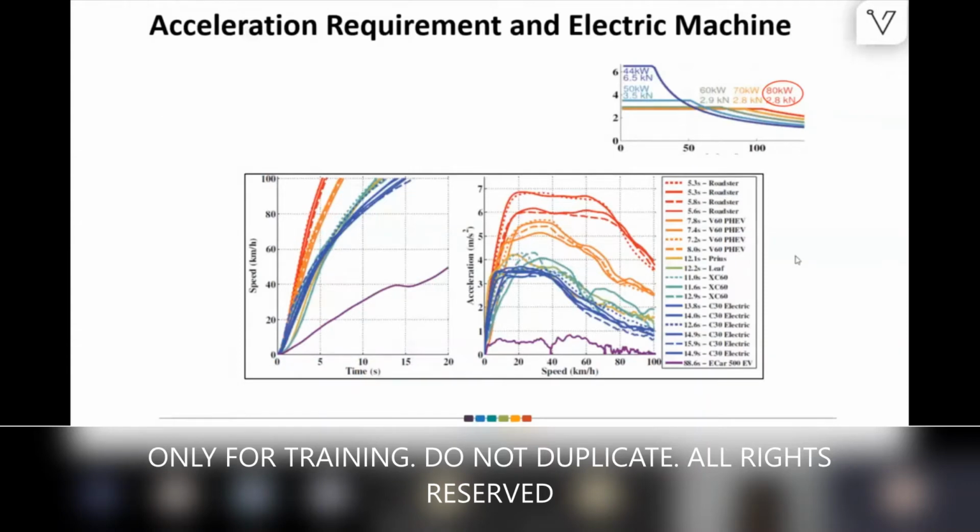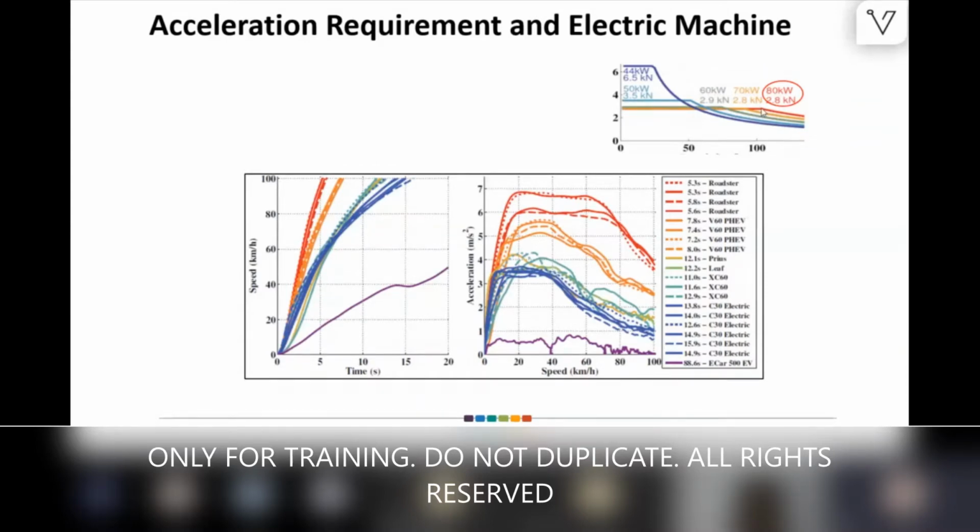We have to be very careful when we pick this, because you see the other machines are very fast, but they start dropping the speed because they are not able to sustain that acceleration. They are very quick during the initial seconds, and after a few seconds they cannot compete with this low torque machine.